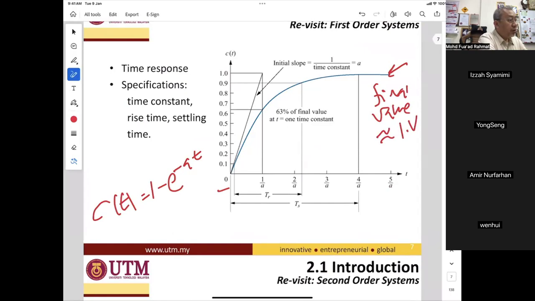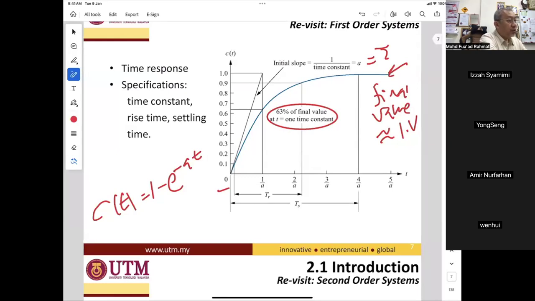And in first order time response, some hidden information can be extracted out. For example, the time constant, which is tau. So tau is the time constant, which occurs at 63% of the final value.